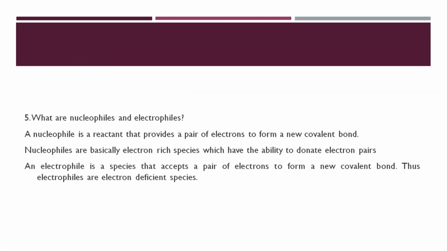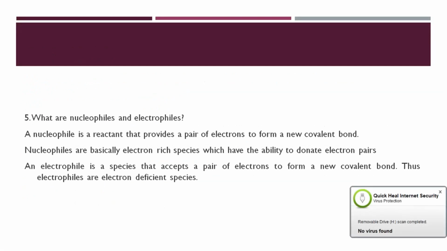So NH2 of orthophenylene diamine is a nucleophile because it has an extra lone pair of electrons, and it has a tendency to donate that electron, while the carbocation is electron deficient, so it has a tendency to accept electrons. So cyclization took place between the OPD and formic acid.